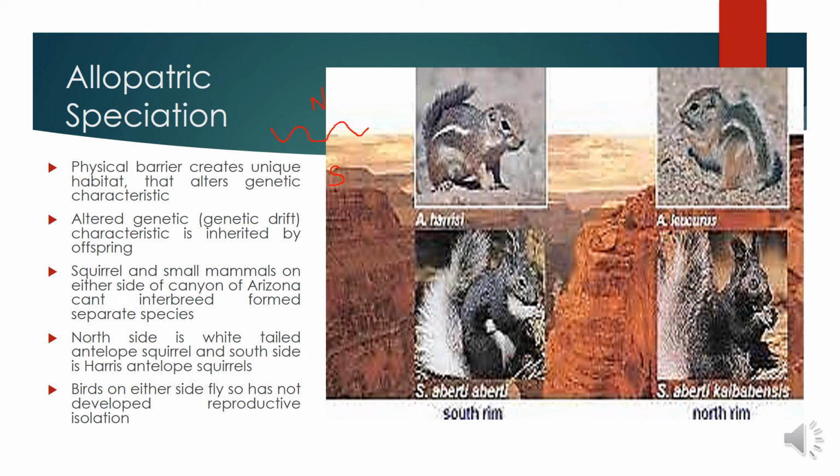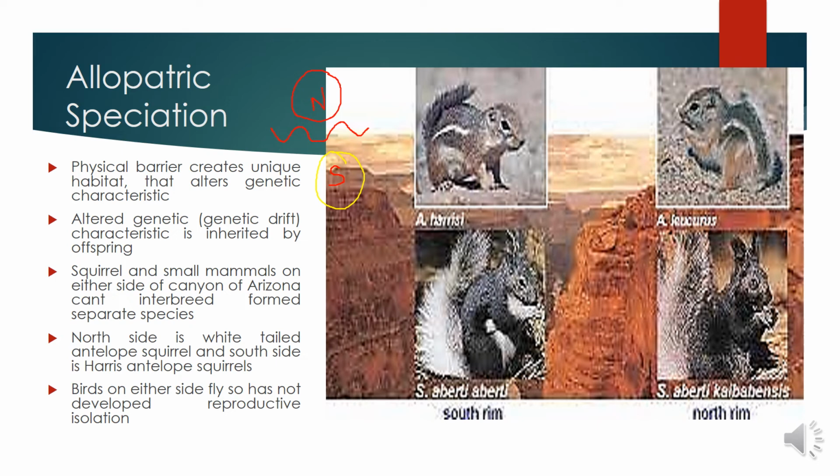Phenotypically, we can distinguish the Kaibab squirrel from the Abert squirrel in that the Kaibab squirrel has a grayish or black colored belly. On the other hand, the southern rim Abert squirrel has a white colored belly.